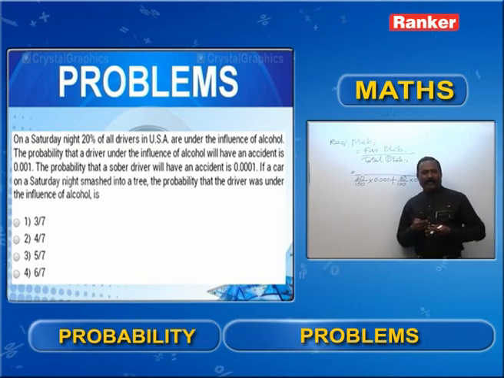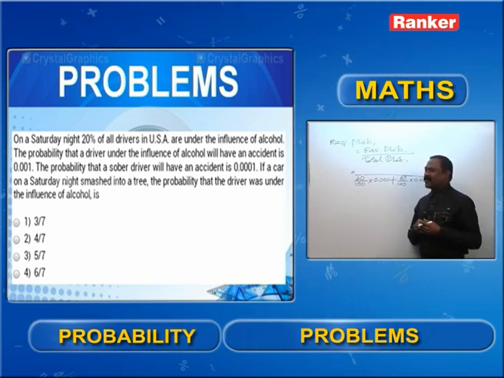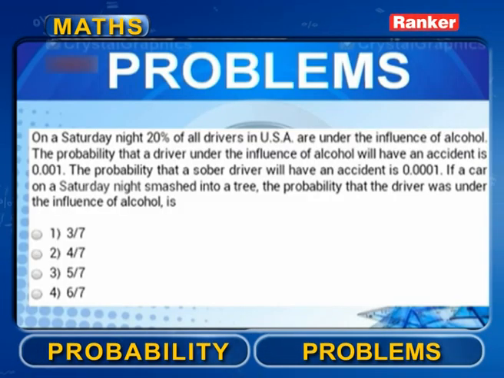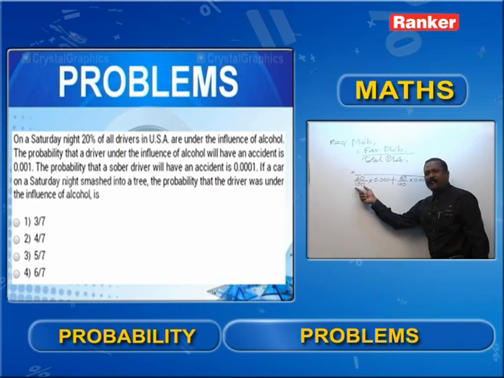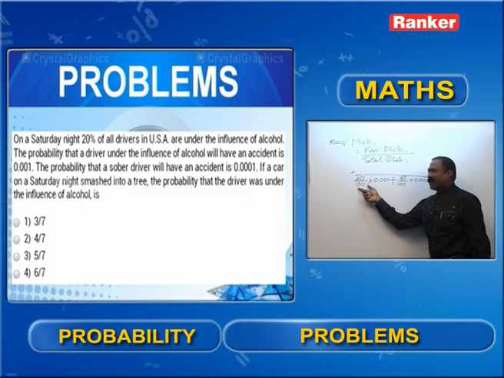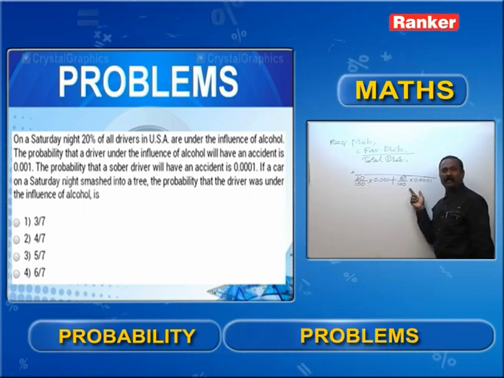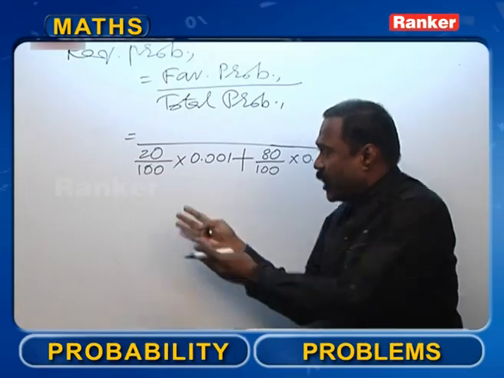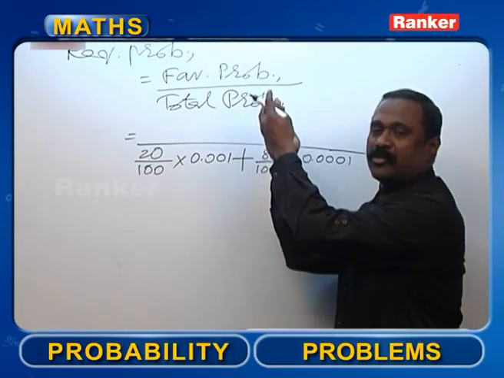Now, what is our favorable probability in this case? You can see in the question, the probability that the driver was under the influence of alcohol. Why two cases here? It is under the influence of alcohol and it is not under the influence of alcohol. Which one do we need? We need this one, that is why it is favorable, and it goes to the numerator.